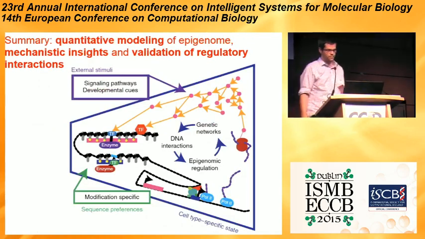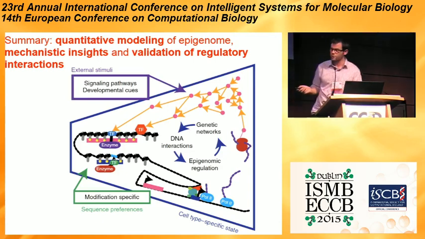So, in summary, I've shown you that we can quantitatively model the relationship between DNA motifs and the epigenome, and use these to make predictions about the placement of epigenomic modifications. I've used them to understand the mechanism behind the placement of epigenomic modifications, and I've shown you validation of the causative links between these motifs being disrupted and epigenomic modification levels.